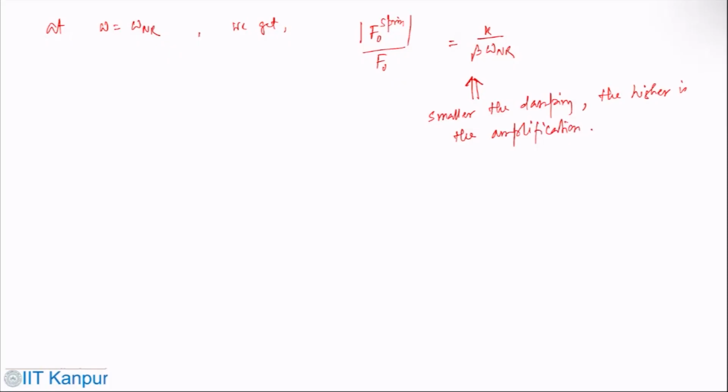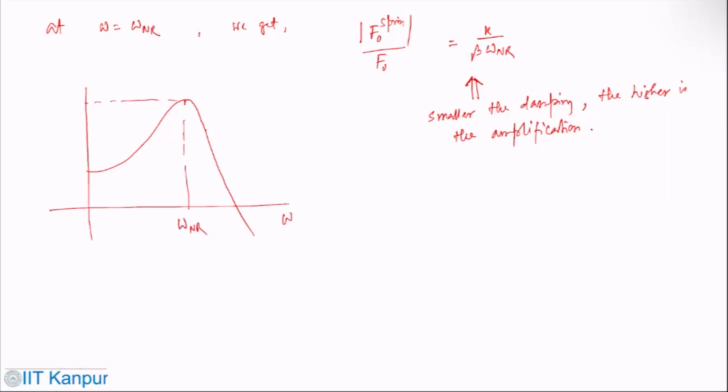If you plot this, let's say this is omega n r, this is F naught spring by F naught, this is K by beta omega n r, and this is 1.